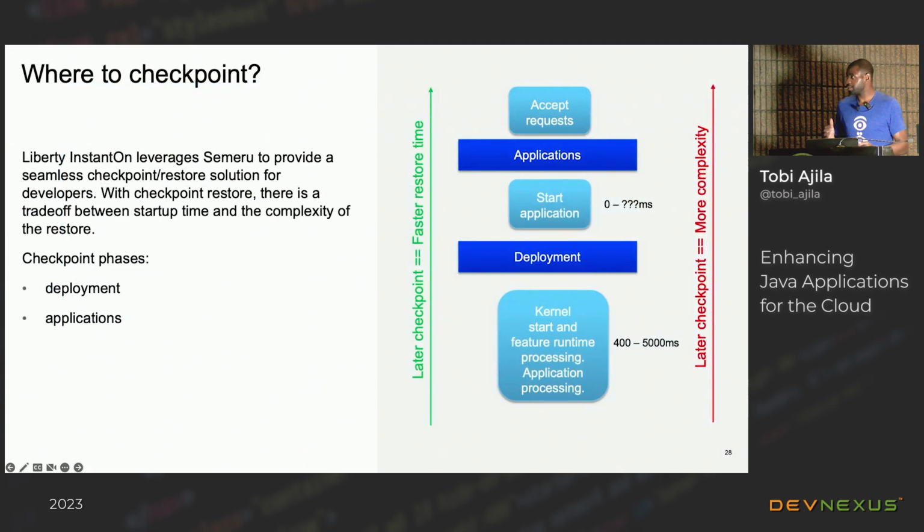So in the last example, we were using Liberty to do the checkpoint and restore. And you may have noticed that I chose a specific phase to do the checkpoint at. The way Liberty works is that the first thing it does is start the kernel, load features, and process them, then it starts the application processing.